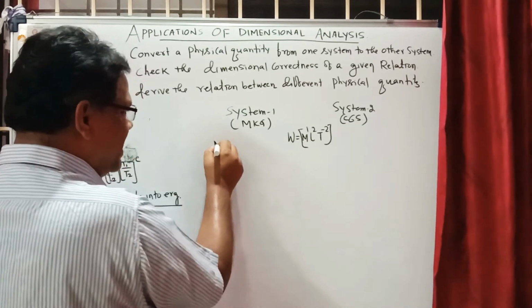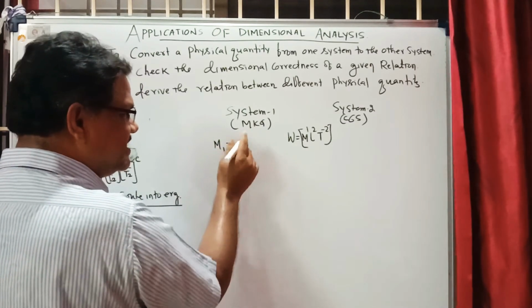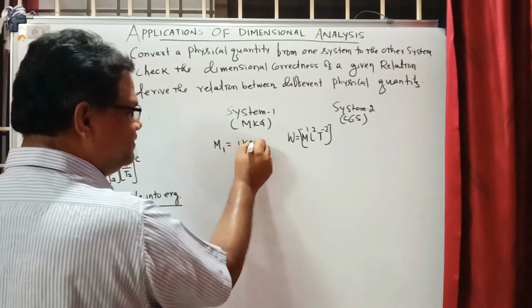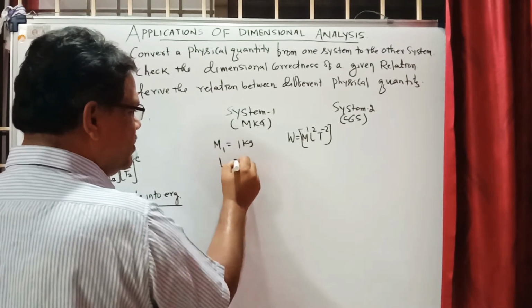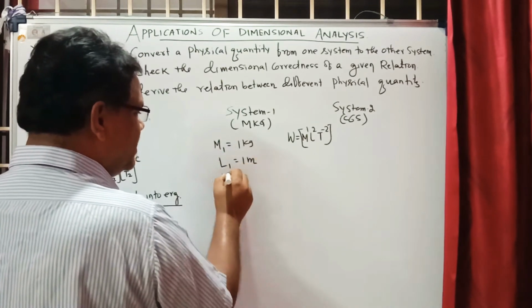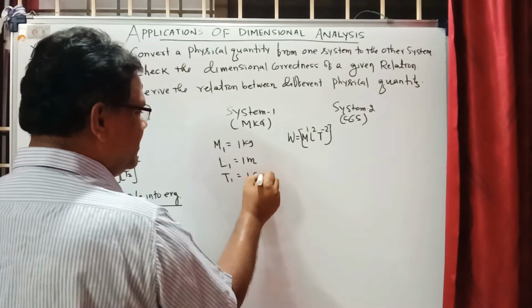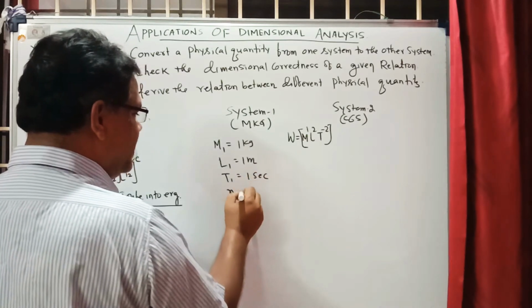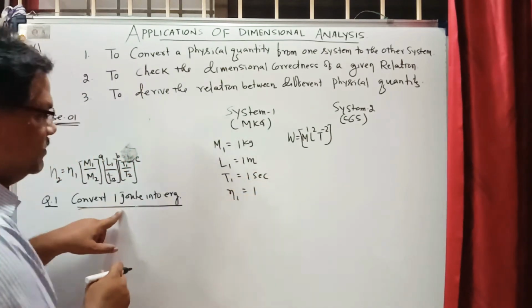The mass m1 is given because it is the MK system: m1 equals 1 kg, l1 equals 1 meter, t1 equals 1 second, and n1 equals 1, that is 1 joule.